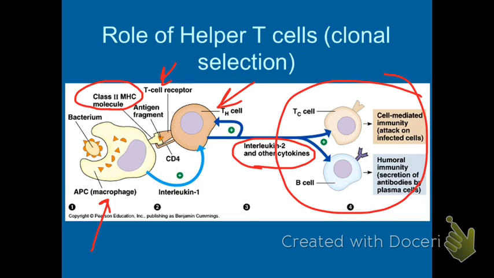But it has to find really the correct ones. It has to find the ones that have the same receptor types that would match up to that particular antigen. So this third line of defense sometimes takes some time. But notice that it is the go-between for both the cell-mediated immune response with the cytotoxic T cells and the humoral immune response using the B cells making antibodies.